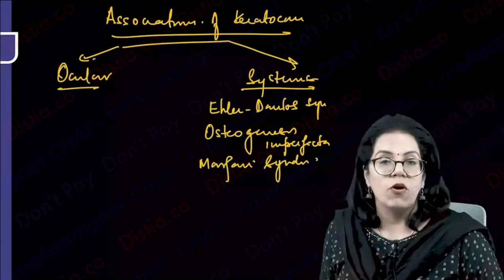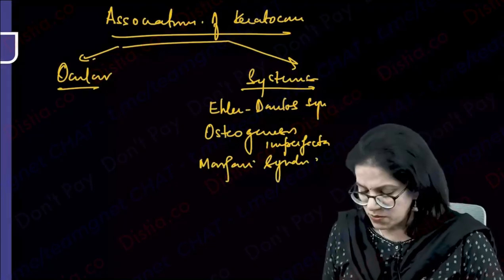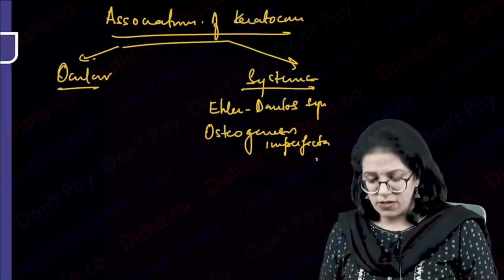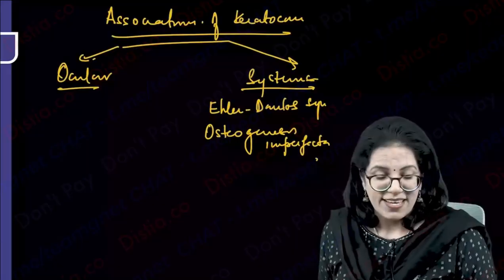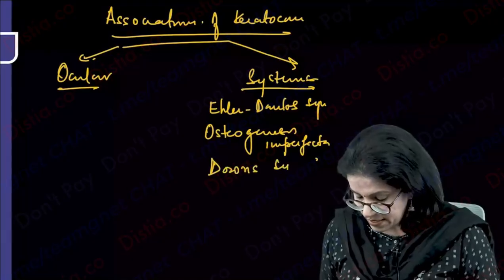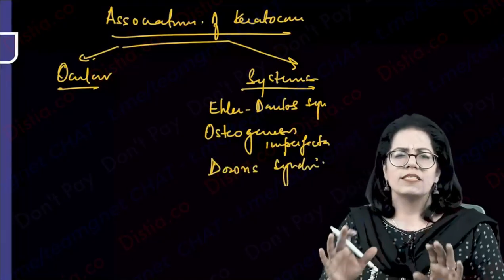Generally, we get cornea plana in that, not keratoconus. I think we will leave Marfan's. It will create confusion. Let's learn Ehlers-Danlos. Just learn Ehlers-Danlos, osteogenesis imperfecta, and very important, Down syndrome. This much is enough. Overlapping information, let's discourage.